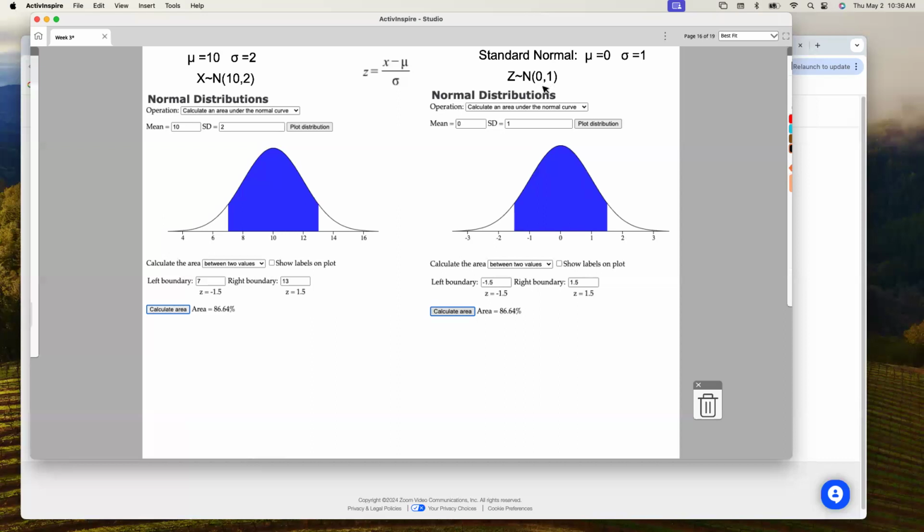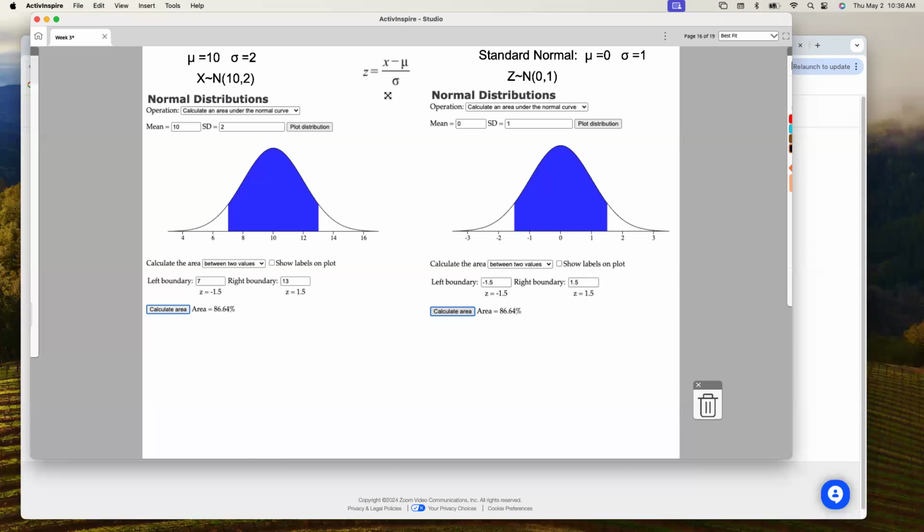So in other words, I could do this same thing. The probability of getting something between 7 and 13 is going to be the probability of getting something between negative 1.5 and 1.5. Now, where did that come from? Well, if I take my observation here, which is 7, I subtract the mean, which is 10. So 7 minus 10 gives me negative 3, divided by 2. That's negative 1.5.